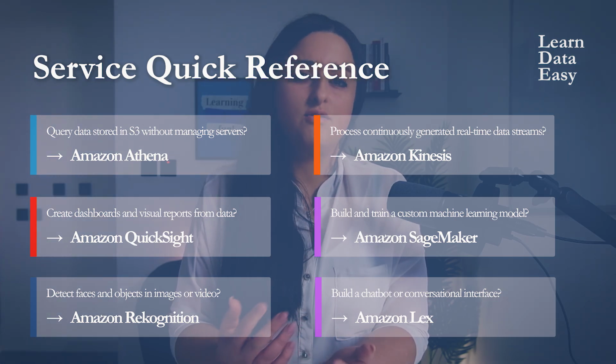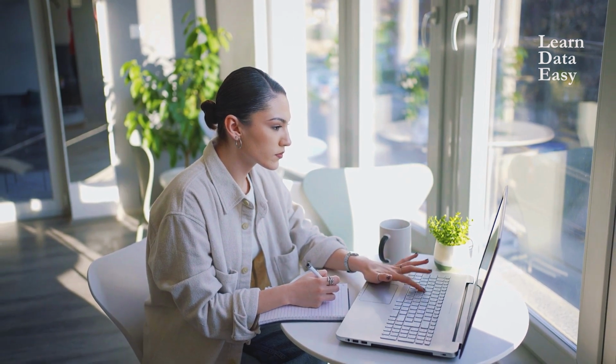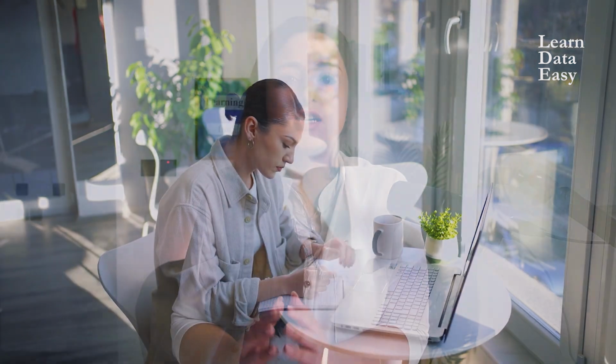Analyze images, Rekognition. That level of understanding is enough. Analytics services help organizations make decisions based on data. AI services help automate intelligence-based tasks. Even if you're not a data scientist, understanding these categories helps you recognize how AWS supports modern applications.